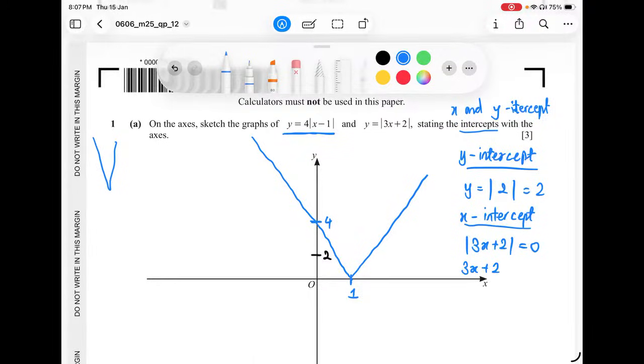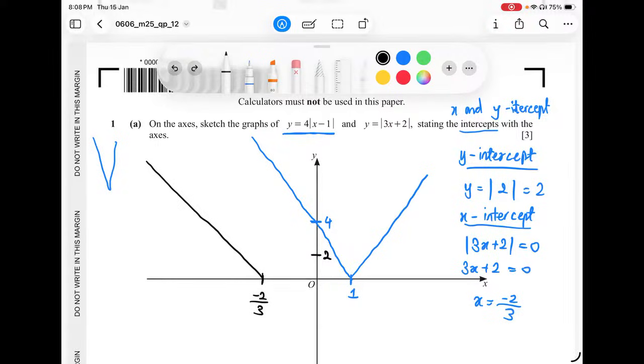So 3x plus 2 equals 0, x equals negative 2 over 3. We can put that over here, so it should be somewhere here, negative 2 over 3. So that's your x-intercept. And when you're drawing the graph, it should look the same shape, but it should touch these two intercepts.